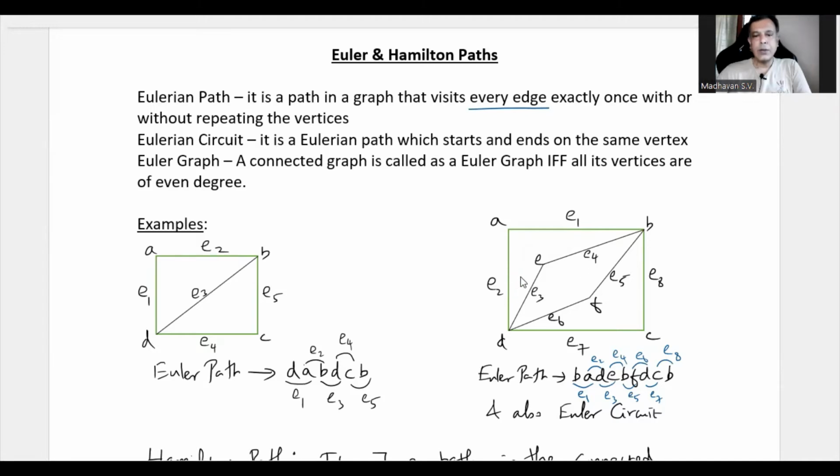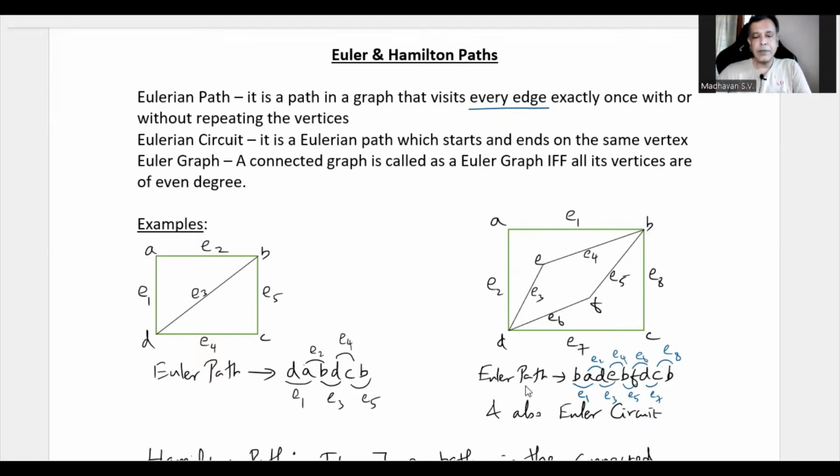Again, this is also an Euler path. We may notice A, B, C, D, E and F are also there. So there are 6 vertices and 8 edges, E1, E2, E3, E4, E5, E6, E7, E8.